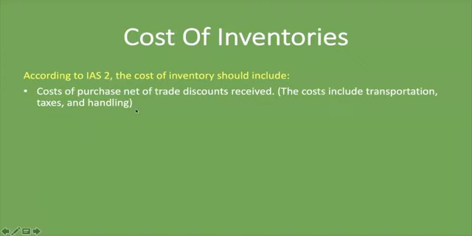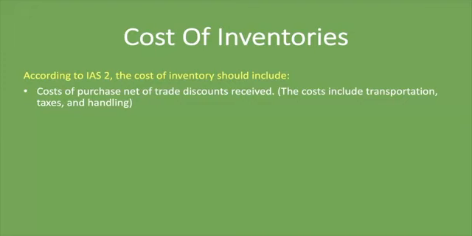That's very important. So whatever transportation you used to bring your inventory to your warehouse, and your taxes and your handling, that will form part of the cost of inventory. And just as a side note, VAT does not form part of the cost of the inventory. We've looked at that in another lesson, how you record inventory when you're buying it and when VAT is included. You'll find the link to that lesson in the description below.